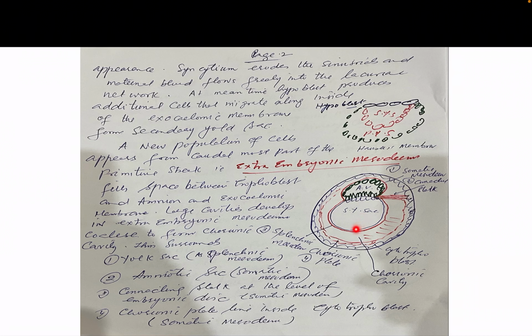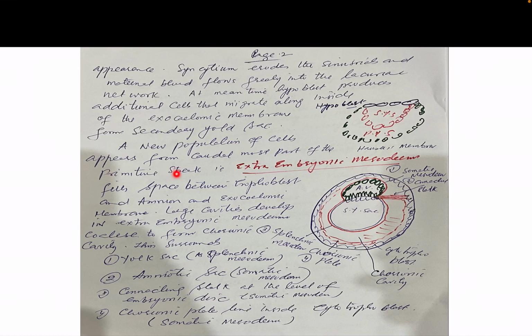So the name is changed to umbilical vesicle instead of yolk sac. Now this is the secondary yolk sac or secondary umbilical vesicle. This was the primary yolk sac, which is not present at the moment. So Heuser's membrane disappears, and now this secondary one is formed by the appearance of the second layer.